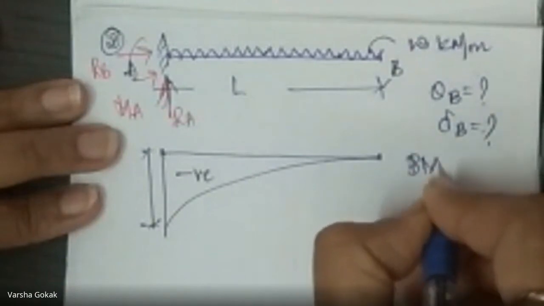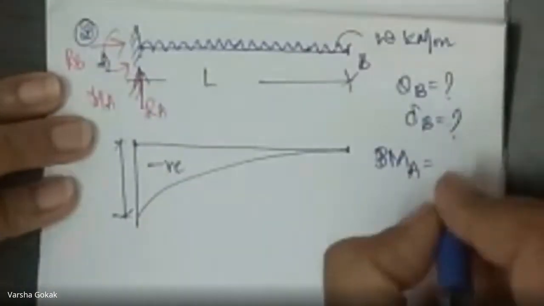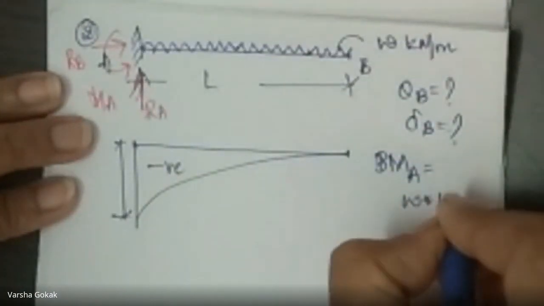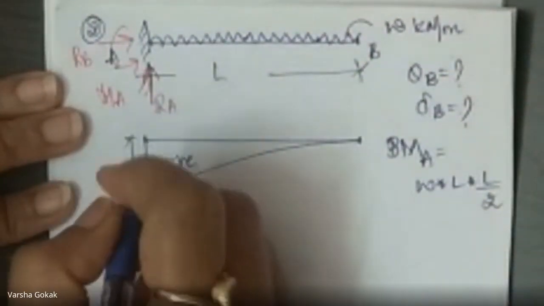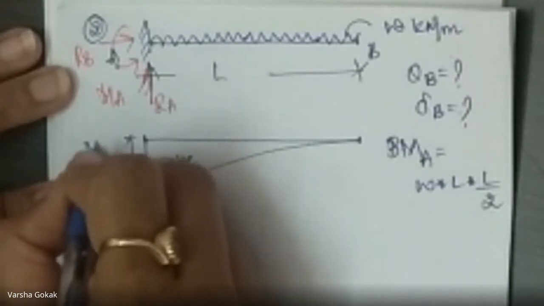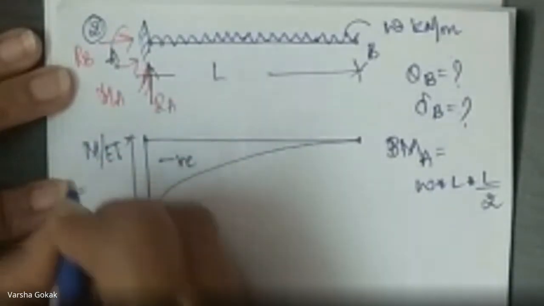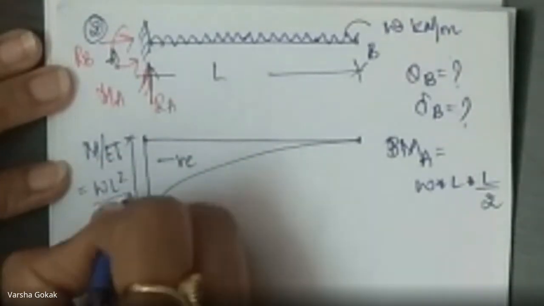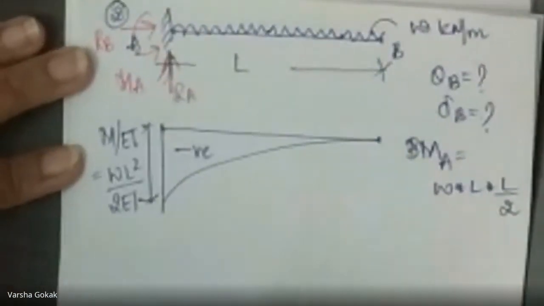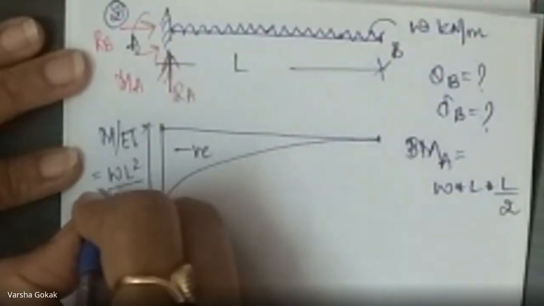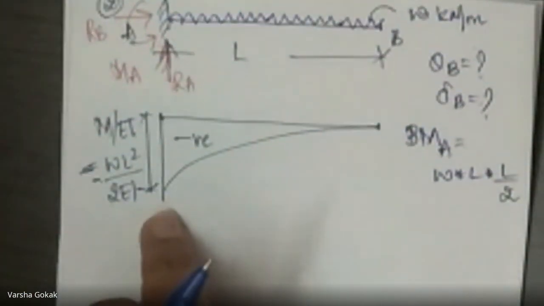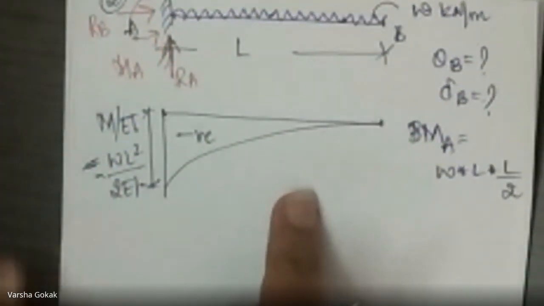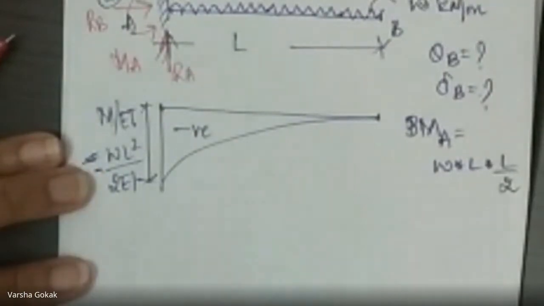Bending moment at A, in the case of a real beam, is W into L into L by 2, that is WL square by 2. So this is the M by EI diagram I'll be drawing. The M by EI diagram is going to be WL square by 2EI, with a negative sign. Why negative sign? Because it is a negative bending moment. So this is your bending moment diagram, or M by EI diagram.